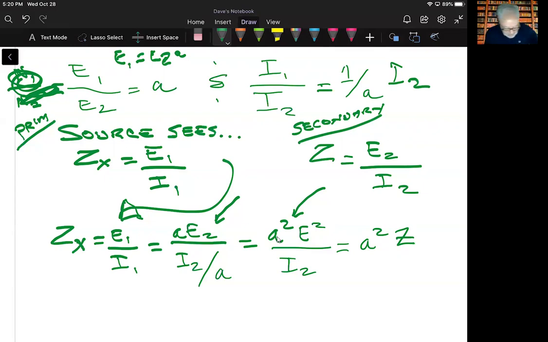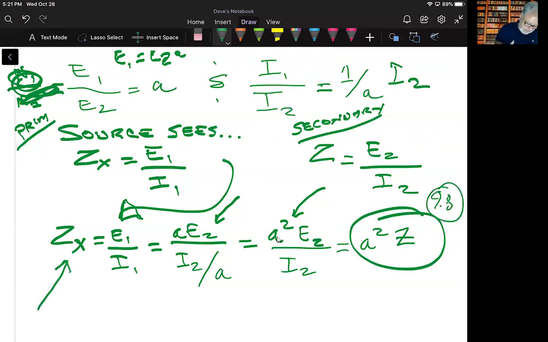But at the end of this, I want you to see that what this says is the impedance seen by the source, which we defined here, is really just the turns ratio times the actual value of the load that is connected to the secondary, okay? So the impedance seen by the primary is the turns ratio squared times the actual impedance across the secondary terminals.